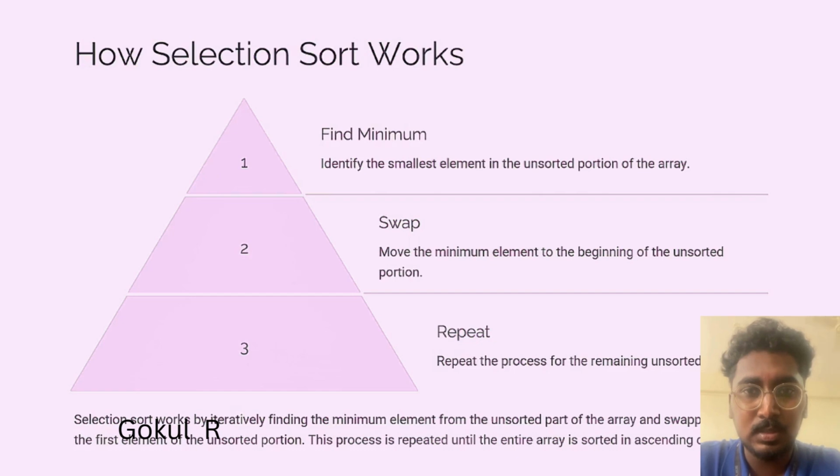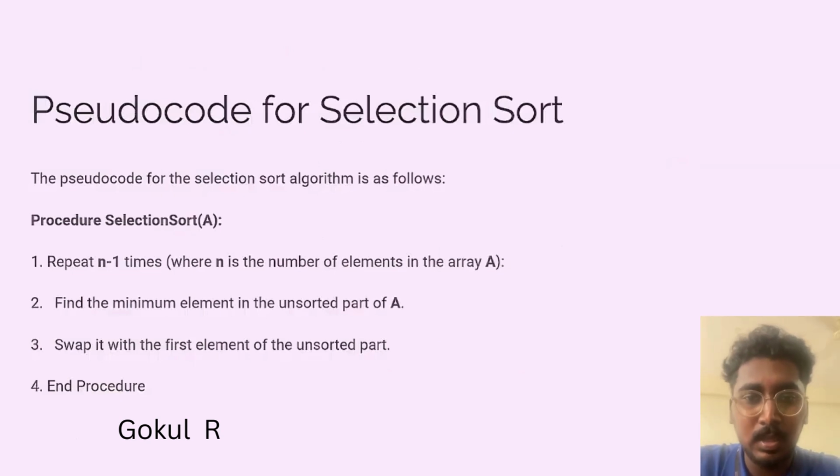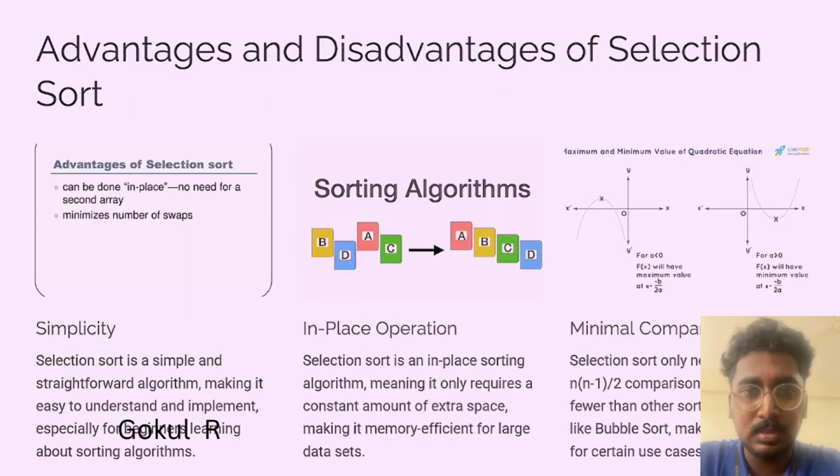Repeat the process for the remaining unsorted elements. Selection sort works by iteratively finding the minimum element from the unsorted part of the array and swapping it with the first element of the unsorted portion, and this process is repeated until the entire array is sorted in ascending order.